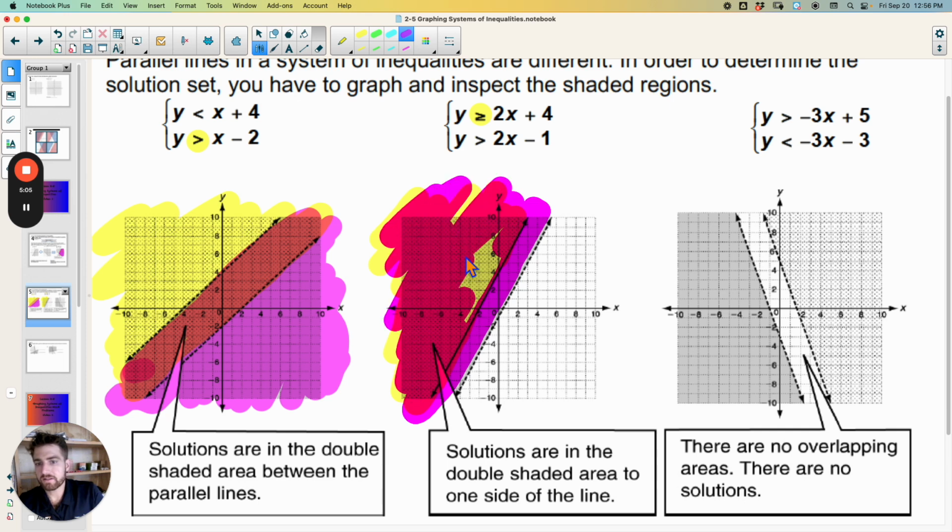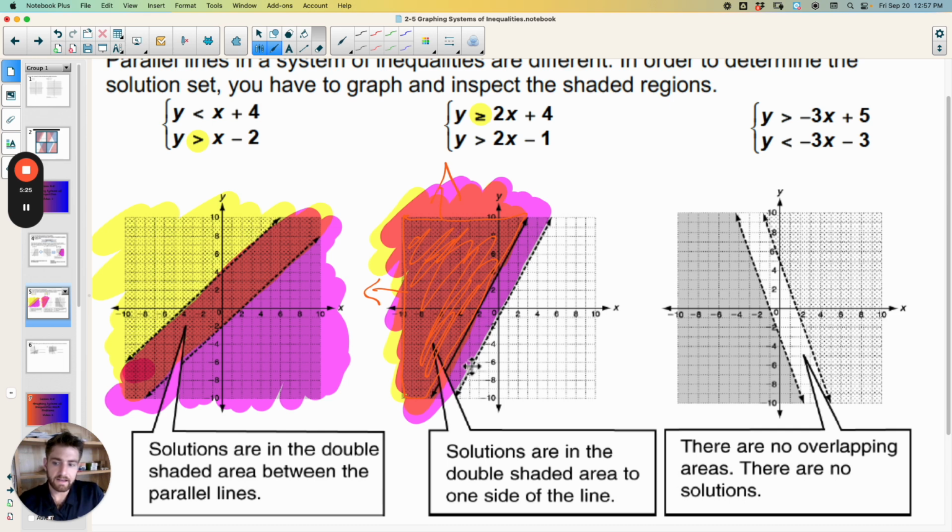But notice that my double shaded region is this area here. Obviously it keeps going forever this way and this way, but it's this area in here that's a double shaded region. This one looks like it's highlighted, but it's only highlighted one time, and because it's not highlighted twice, it is not a part of the solution set.